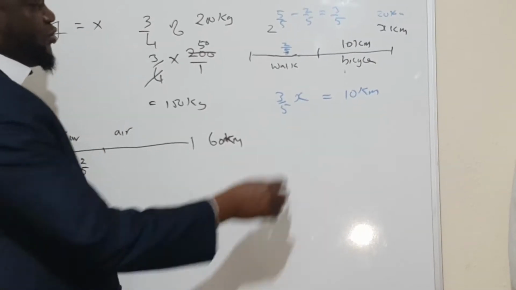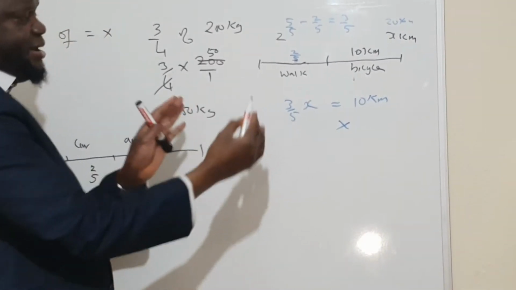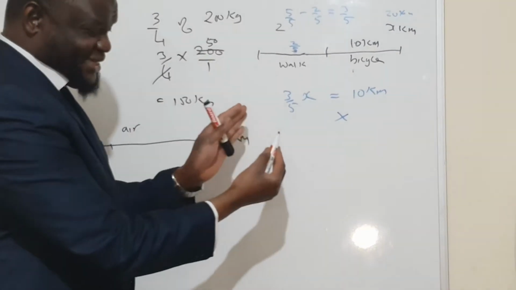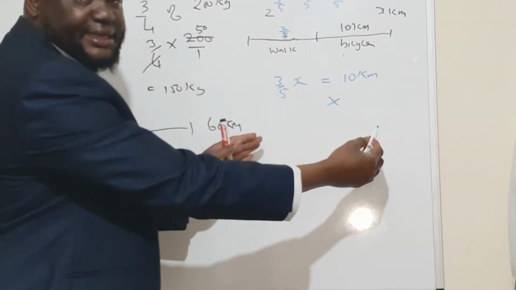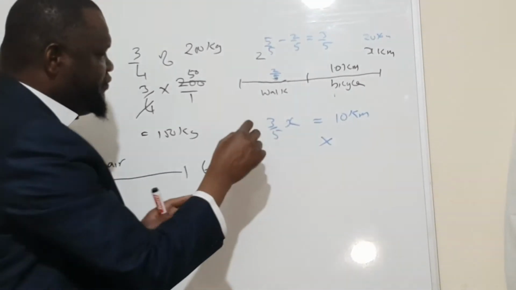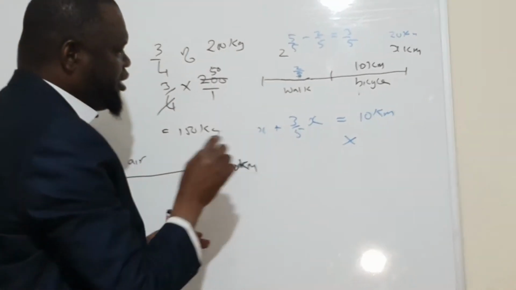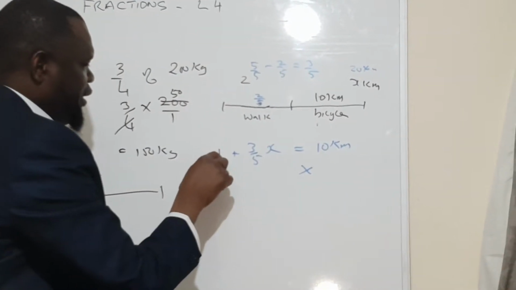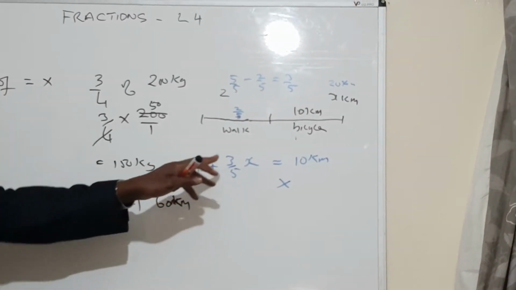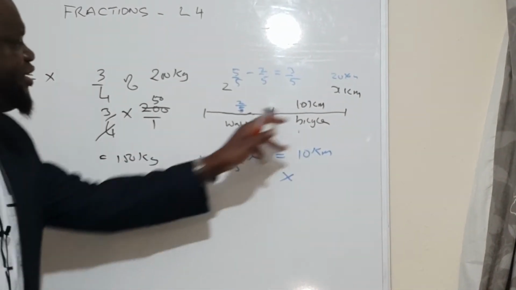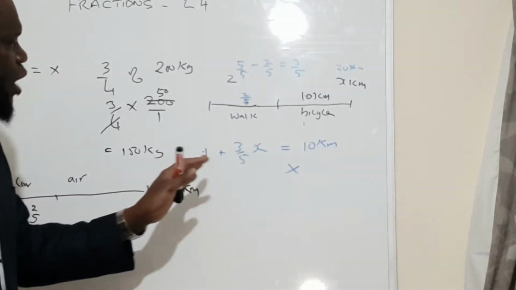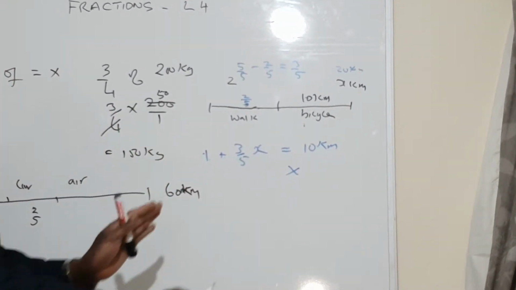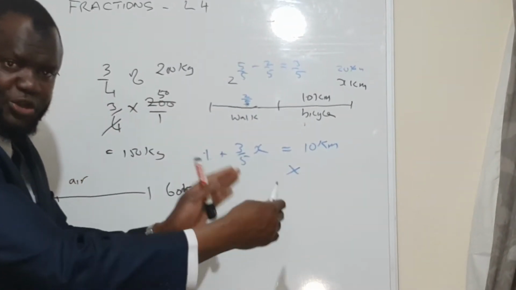Now, two ways to do this mathematically. In Africa, we always say cross multiply. When you have a fraction on one side and a number on another side, be careful. If there's a normal number here, then you can't do this cross multiply. If there's 1 plus 3/5x, you can't do cross multiply unless you move this over the equal sign. And at least you have a fraction on one side, another number or a fraction, whatever.